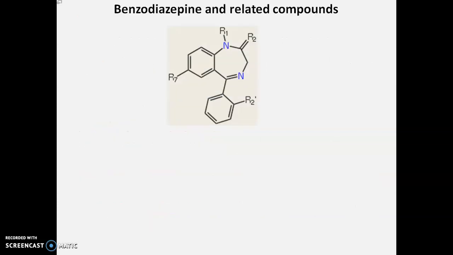Now let's consider the benzodiazepines and related compounds. This is the structure of benzodiazepines, where an azepine ring is attached to a benzene ring. In the benzodiazepines, at the first position and the fourth position there are two nitrogens, hence these benzodiazepines are also called 1,4-benzodiazepines.